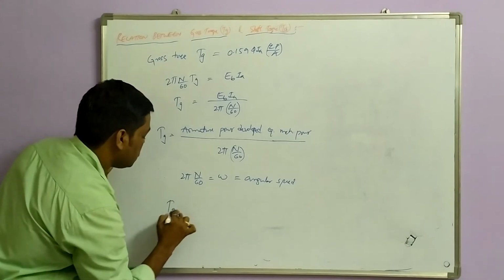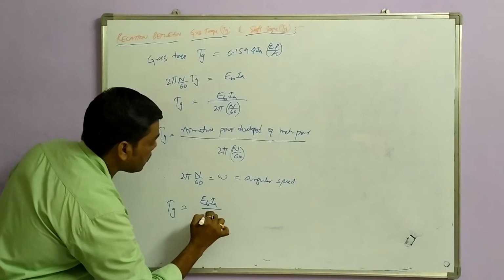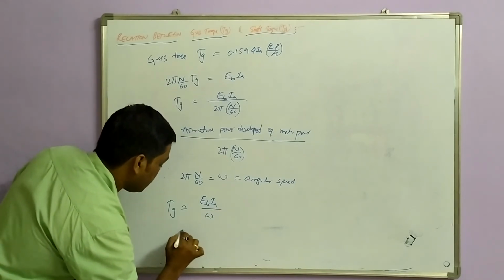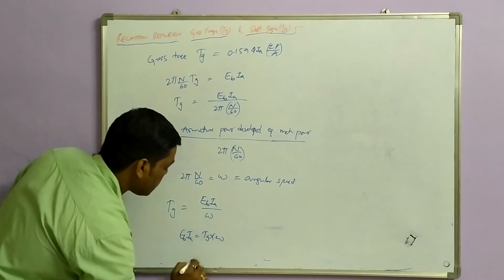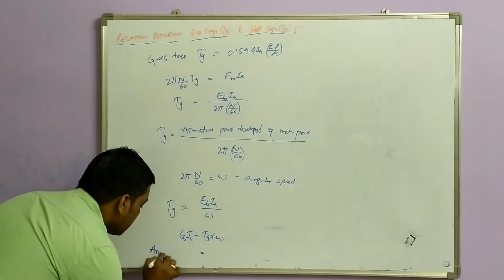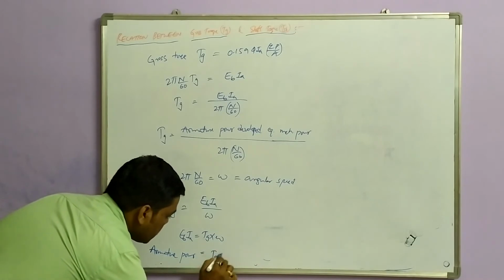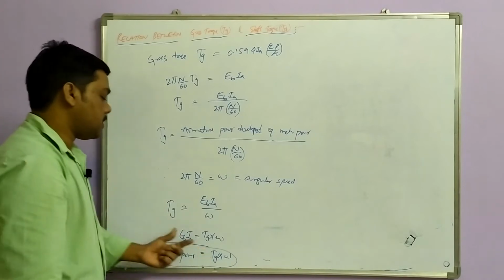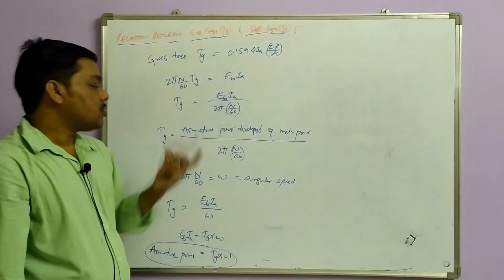So Tg is equal to Eb into Ia by omega, so that Eb into Ia is equal to Tg into omega, nothing but armature power is equal to Tg into omega. Now this is the one equation you have to remember while calculating the gross torque.